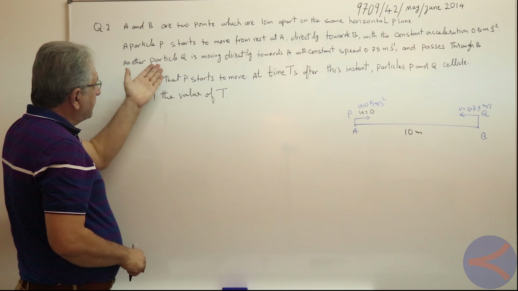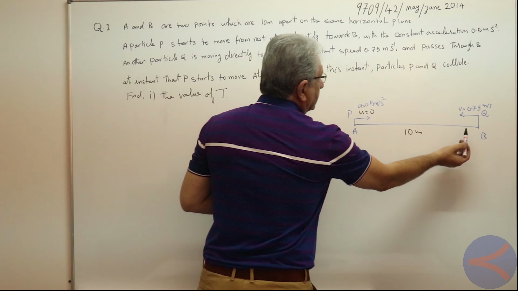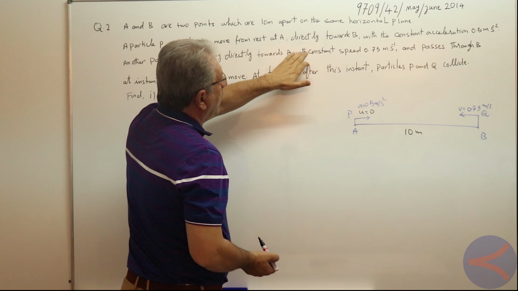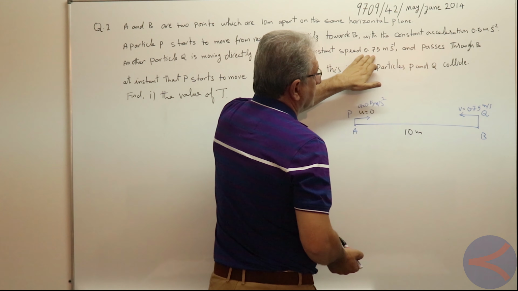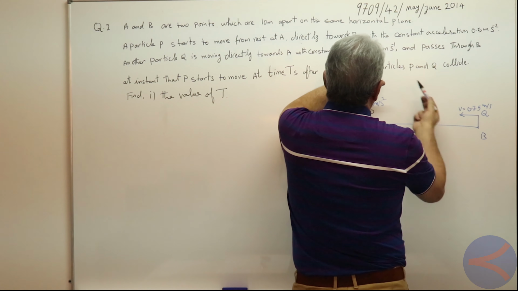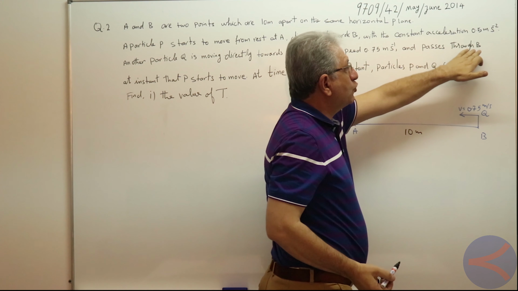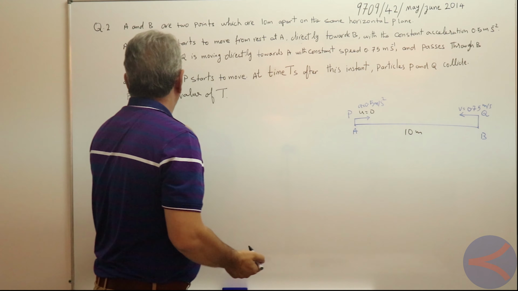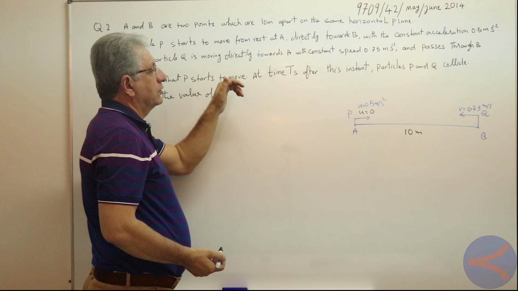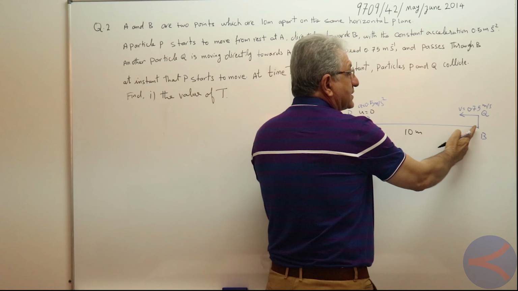Now, another particle Q starts from B, moving directly towards A with a constant speed of 0.75. Therefore, the velocity is this much, and acceleration is 0 because of the constant speed. It passes through B at the instant that P starts to move. Therefore, they are starting at the same time.